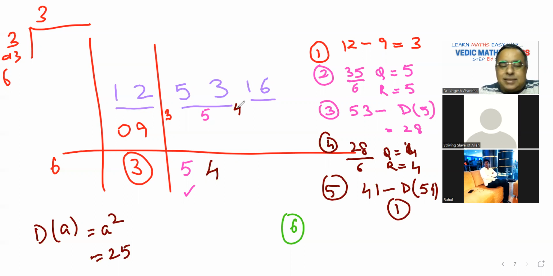So what happens is that I have got 3 digits, 1, 2, 3. So ideally, I don't need anything more. Are you getting my point?